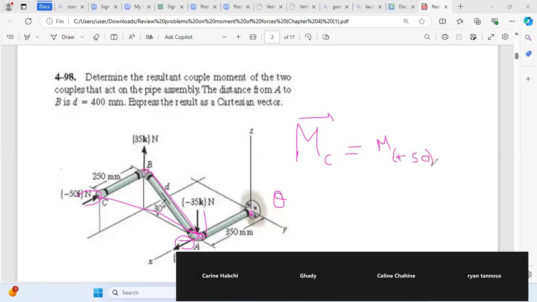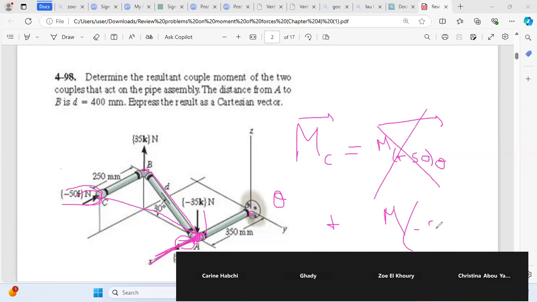For example, if you select point A, the force passing by A cannot do a moment about it, so you only need the moment of minus 50i about A. We chose O: the moment of plus 50 about O is 0 because the force is passing by O. What remains is to compute the moment of the force of minus 50i about O.